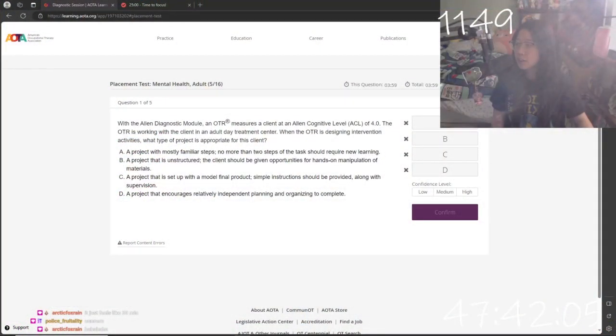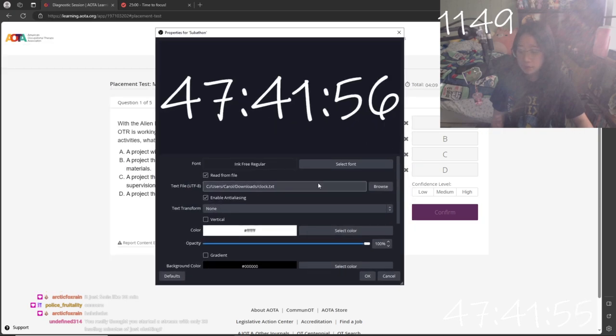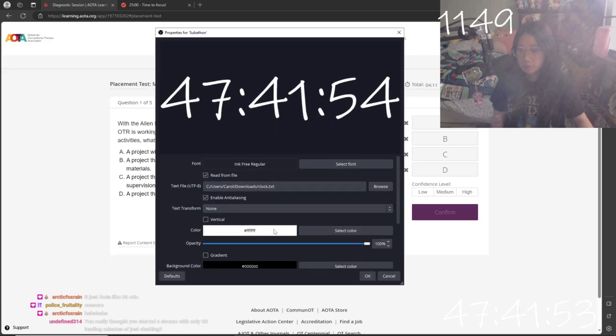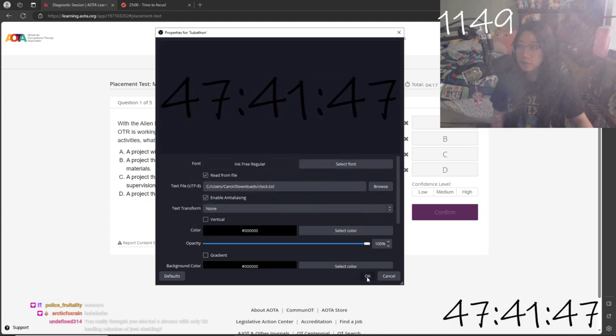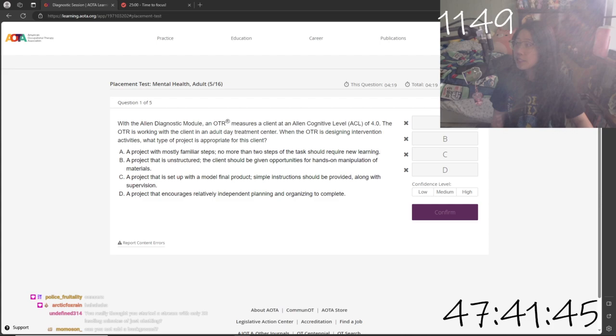Should I change the font of the timer? The timer font is white. I'll make it black. There you go. Now you can see the timer. Much better.